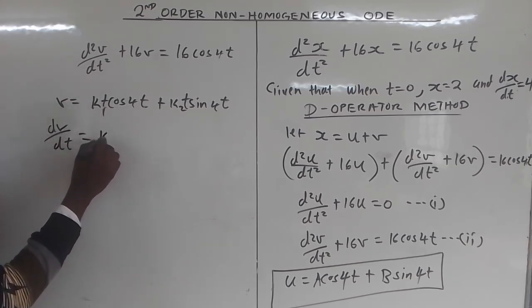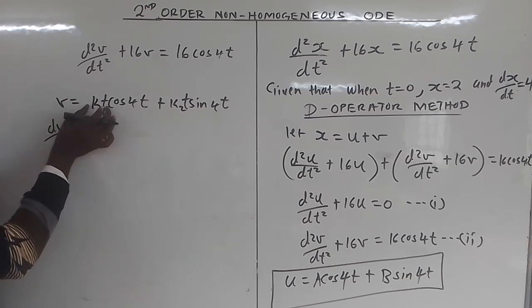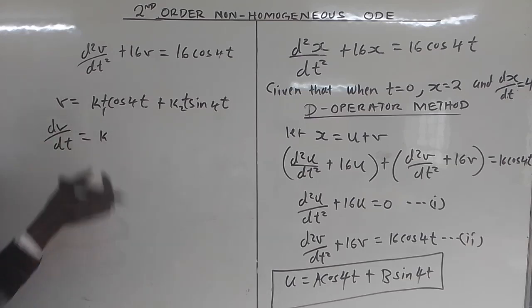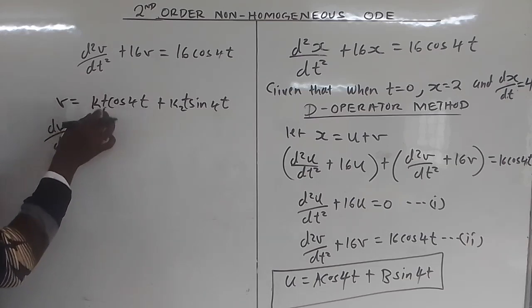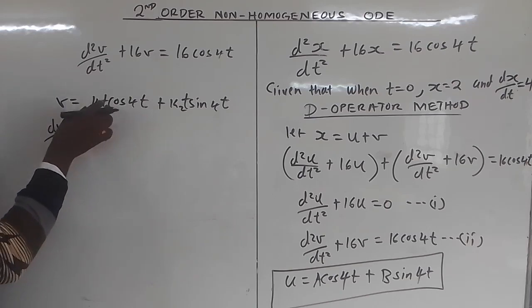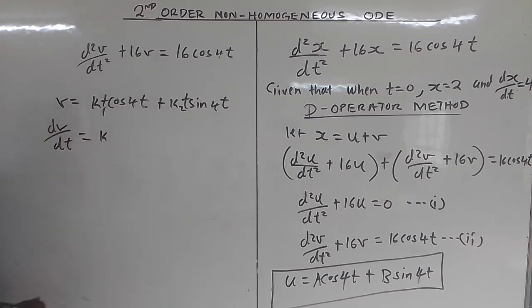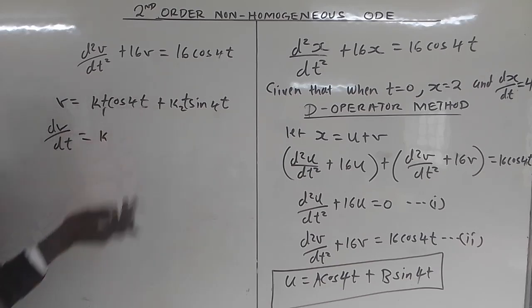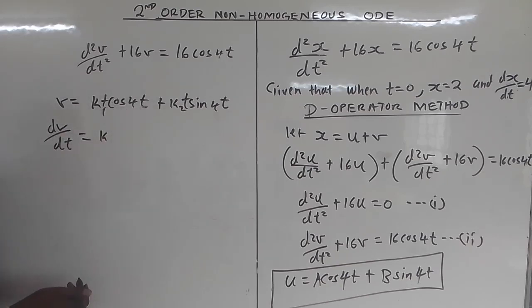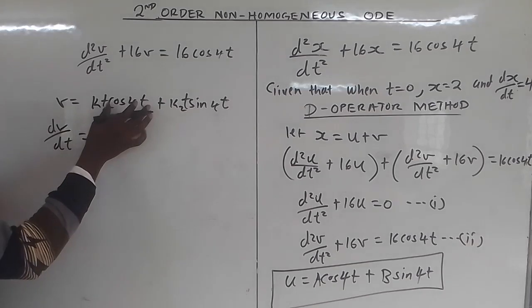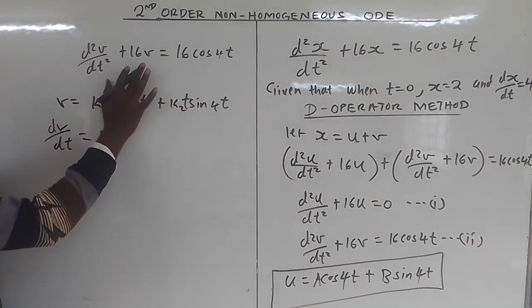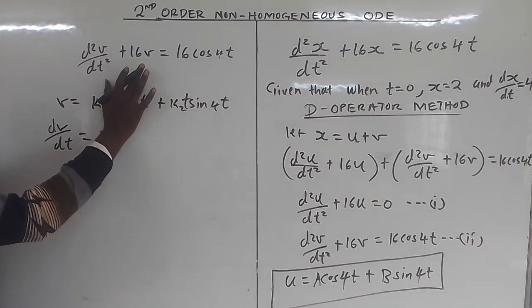You take cos 4t as is and you differentiate t, isn't it? So you can make k1t to be one thing, isn't it? So if you take k1t, which one do you start with? Let us start by taking cos 4t fixed, isn't it? If you take cos 4t fixed and you differentiate k1t, you remain with k1, isn't it?